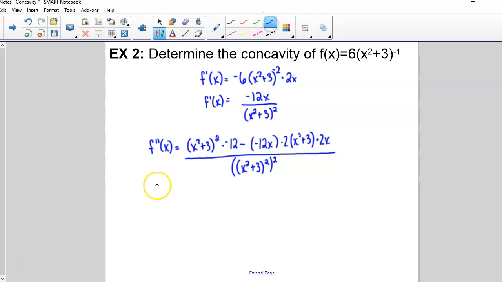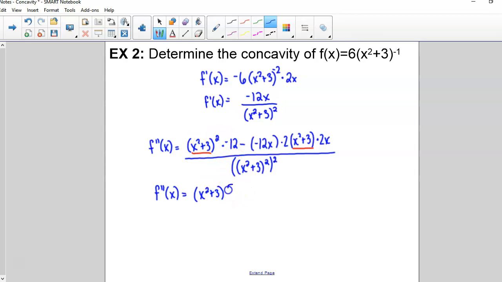Okay, so we've got f double prime of x. Let's see, how do I want to do this? What's going to be easiest? Probably easiest thing to do here. Notice how you've got an x squared plus 3 squared with both of these. It is probably easiest to go ahead and factor one of those out. So x squared plus 3, we'll pull that out front.